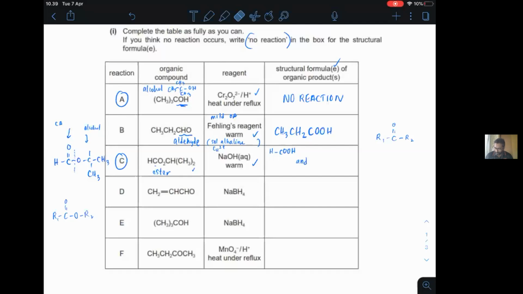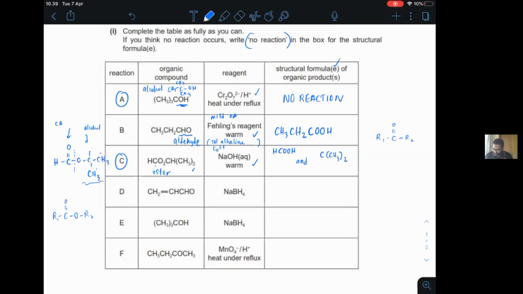They want structural formulae, so for the acid I put H, C, O, O, H. And the alcohol is going to be C bonded to CH3. How many CH3? 2 CH3, and then there is one H, and then OH.